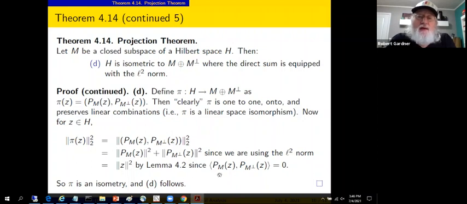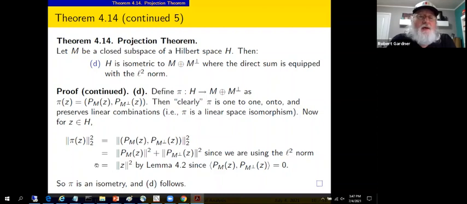So take the inner product of the sum of those two with itself. You'll get a first term squared, in a sense, a last term squared, and the center term will involve the inner product of the projection onto M and the projection onto M perp. And that center term will be 0 because of the orthogonality behavior. And so that allows us to draw the conclusion that we get norm Z squared here.